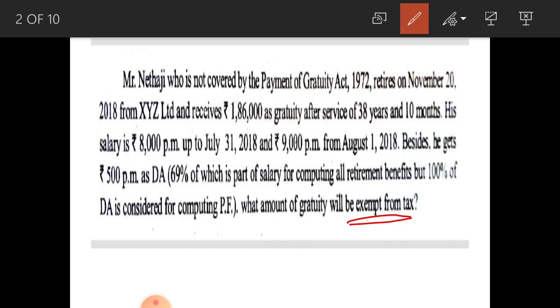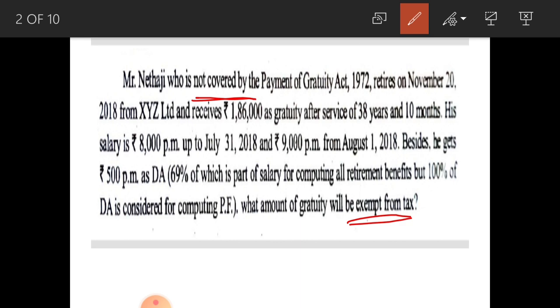Mr. Netaji is not covered by the Payment of Gratuity Act, that means here the statutory limit is 10 lakhs, not 20 lakhs, and here half month salary for number of completed years you have to consider, and you have to take the full years and ignore the fraction of years even though that is more than 6 months.